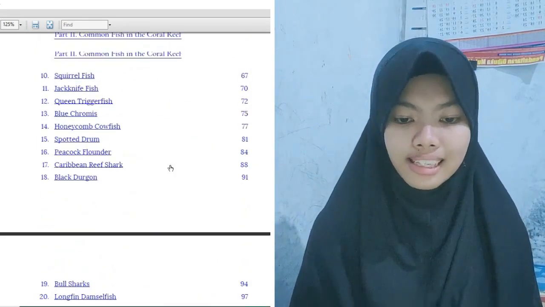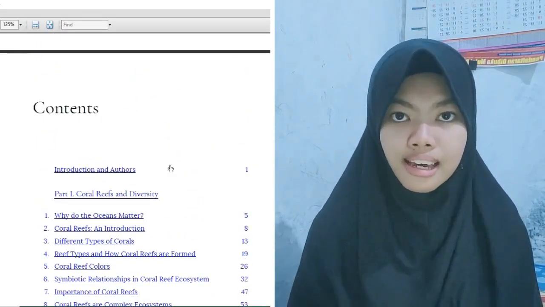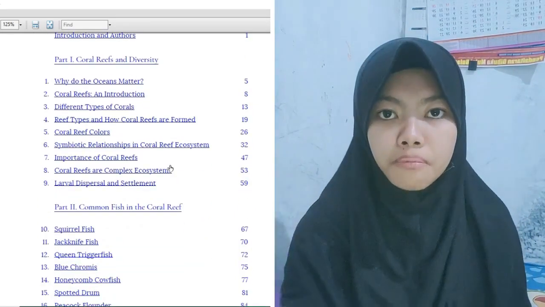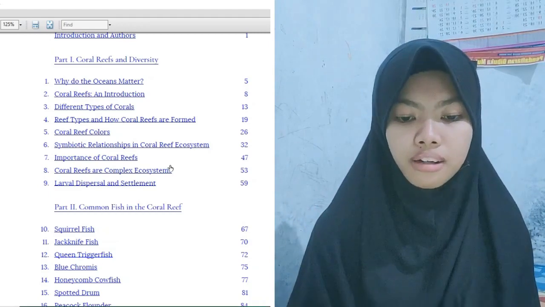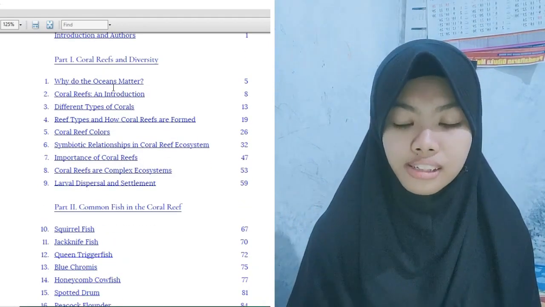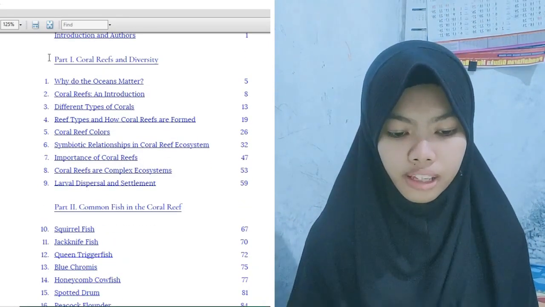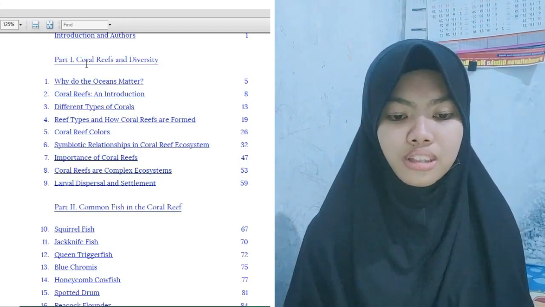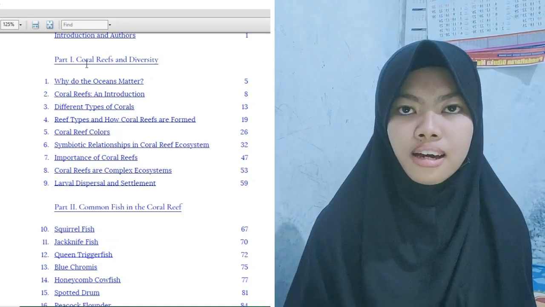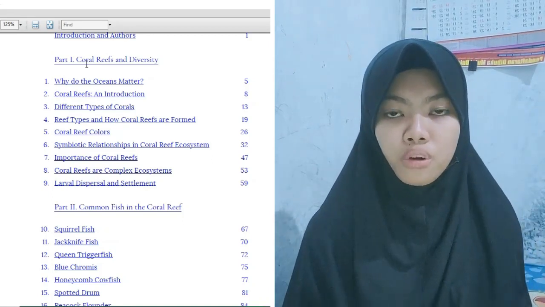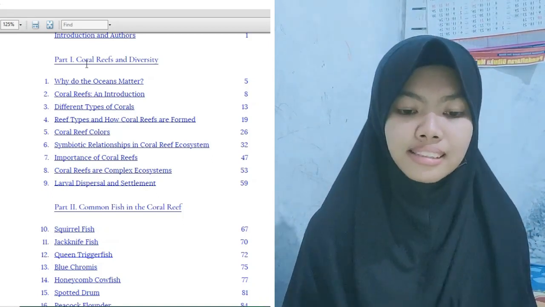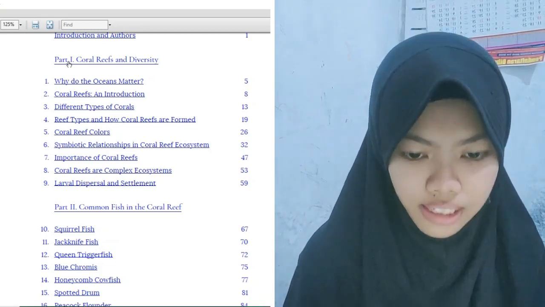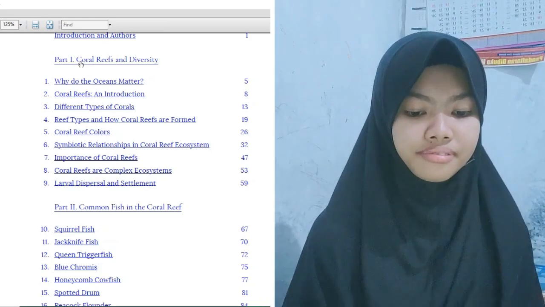So, as you can see in this table of contents, the book can be divided into 3 main parts. The first part is the introduction. It consists of Part 1 and Part 2 in this book. It introduces us to the oceans and the most important thing in the tropical marine, which is the coral reefs.